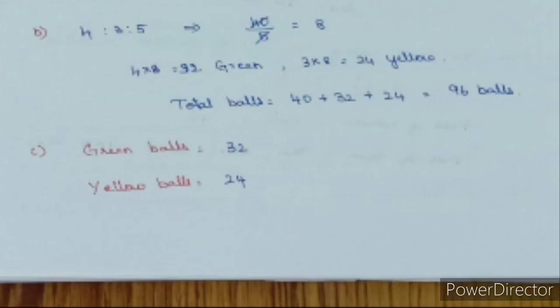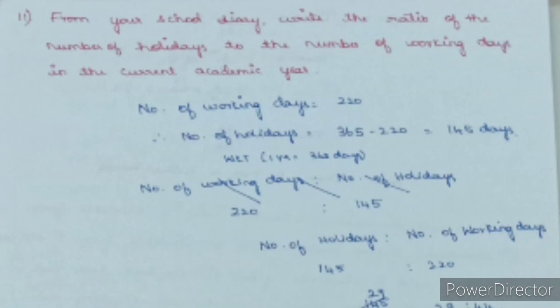11th question. From your school diary, write the ratio of number of holidays to the number of working days in the current academic year. In the video itself I would have told you, this year we cannot do that. We'll go with the previous years. As I saw in the diary, number of working days for the year is 220 days.